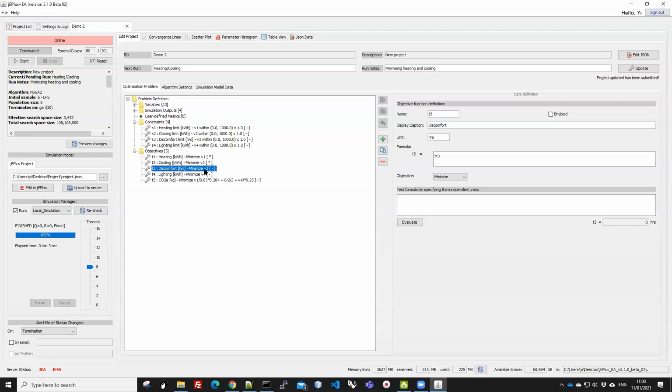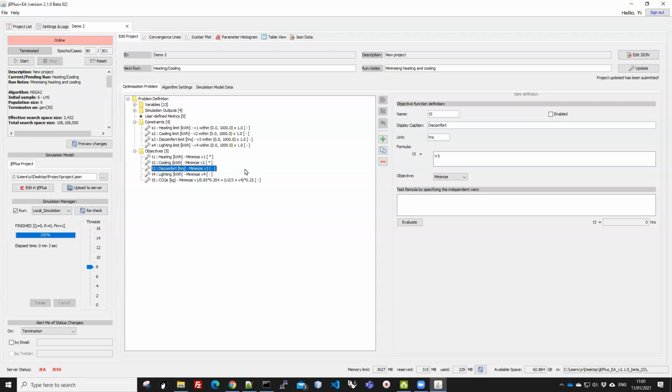Okay, I'll tell you the answer. There are two approaches. The first one is to optimize comfort along with heating and cooling. The alternative is to use comfort as a constraint, and within that constraint, you optimize heating and cooling.